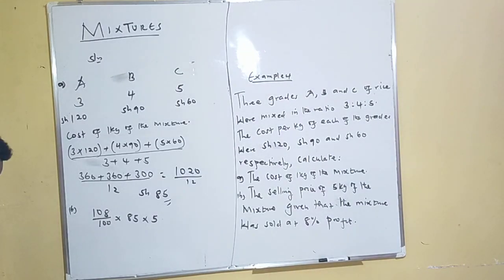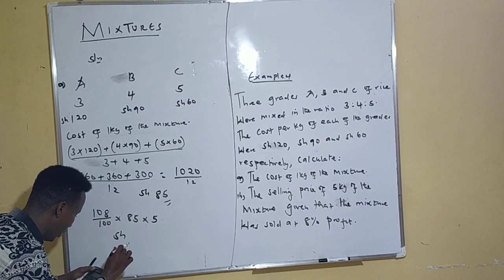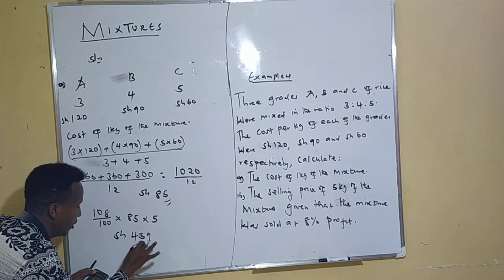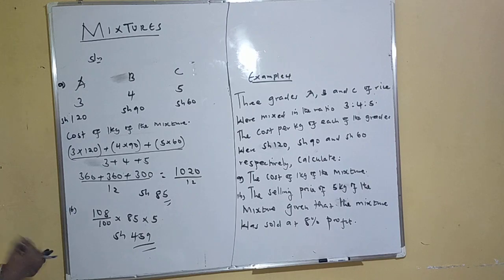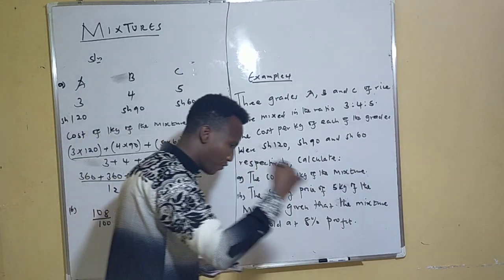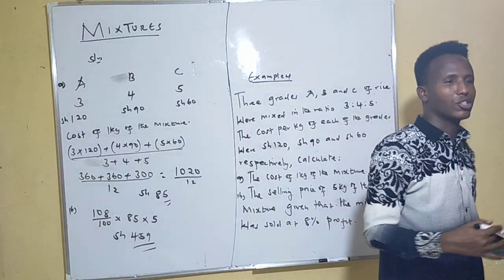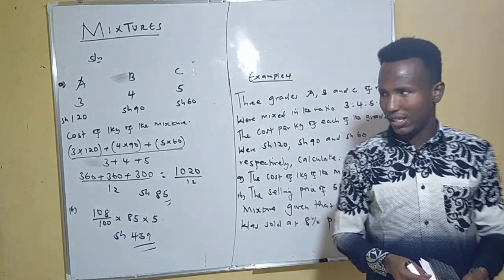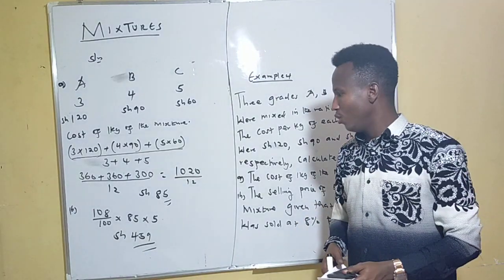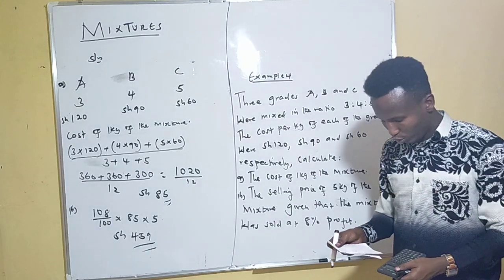So we have 85 times 5 times 108 divided by 100. This will give you shirin 459. Just understand that, because we need to get the selling price of 5 kg of the mixture, which are sold at a profit of 8%. And that is how we are going to solve this kind of question.